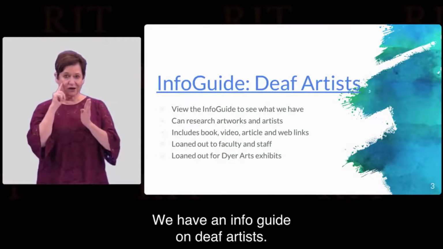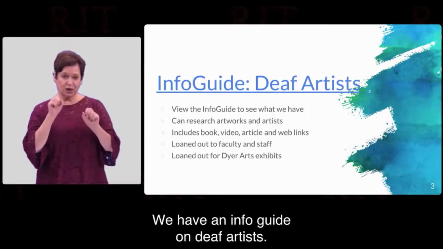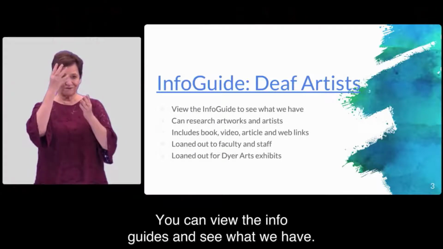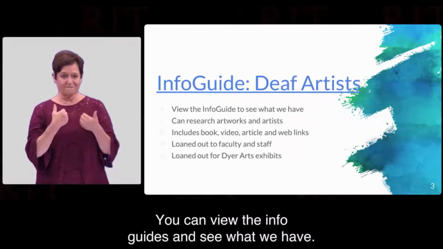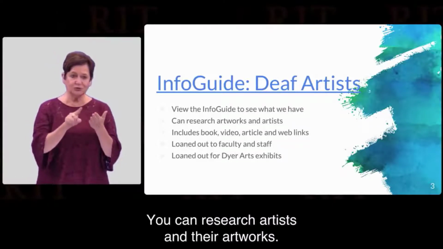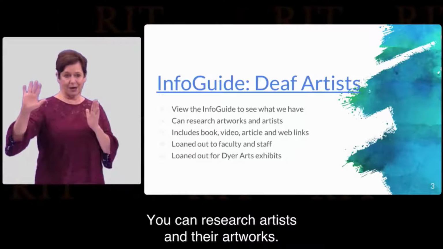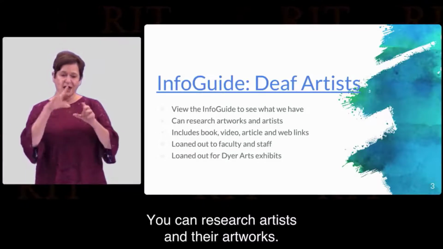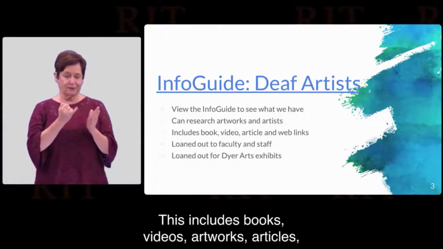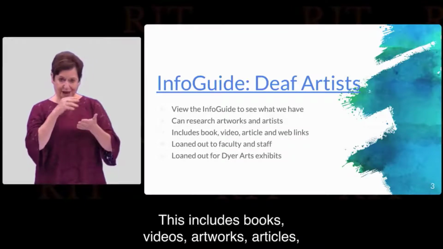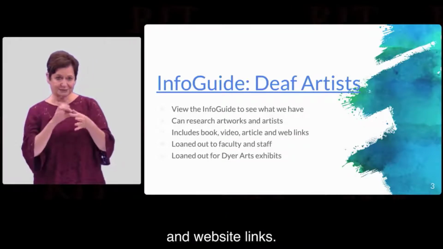We have an info guide on deaf artists. You can view the info guides and see what we have. You can research artists and their artworks. This includes books, videos, artworks, articles, and website links.